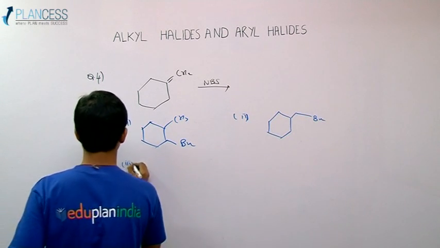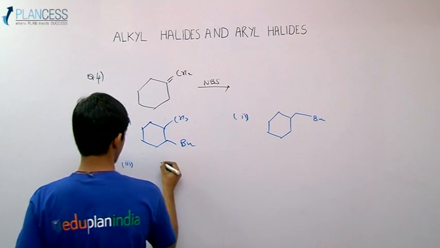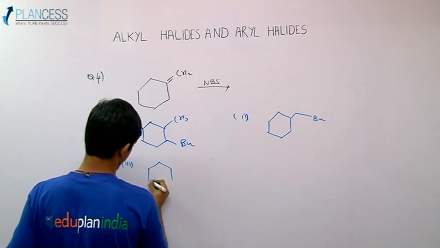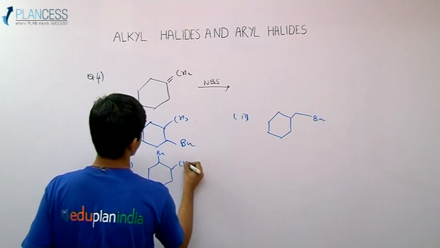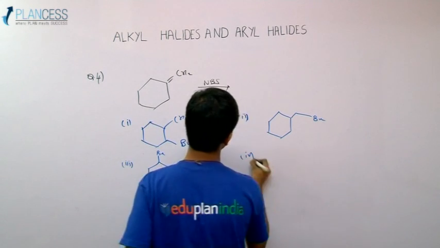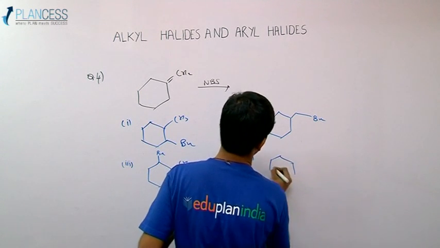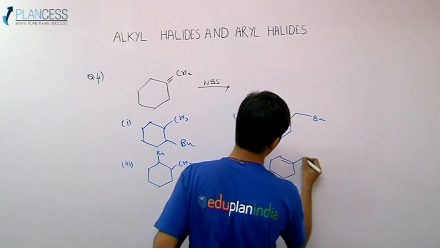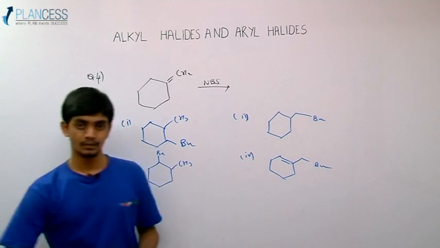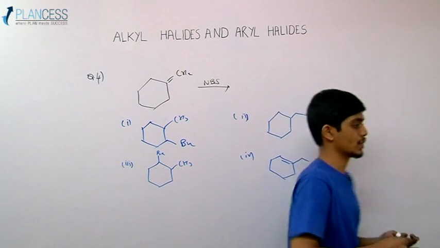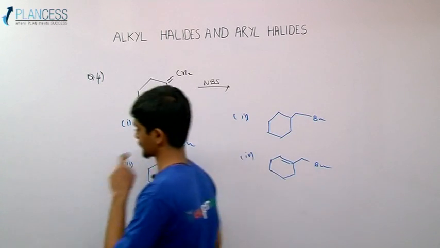Third option is, we have this kind of compound with Br and CH3 this way. Fourth option is, we have a double bond inside and CH2Br. Fine. Now out of these 4, you have to select the correct option.